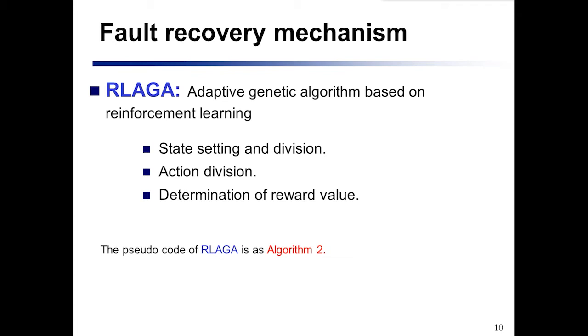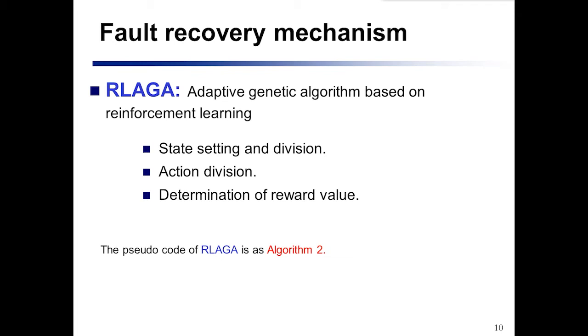For unknown faults, we use evolutionary algorithm to recover, and then store obtained configuration chromosome into the fault configuration library. This paper proposed RLAGA adaptive genetic algorithm based on reinforced learning to ensure the recovery of unknown faults.